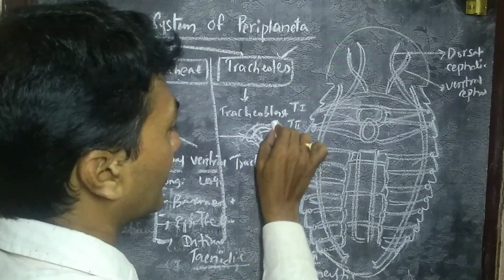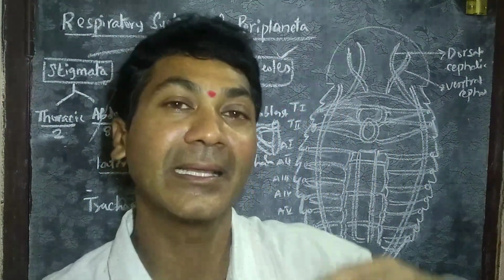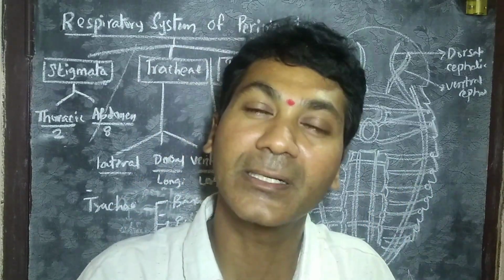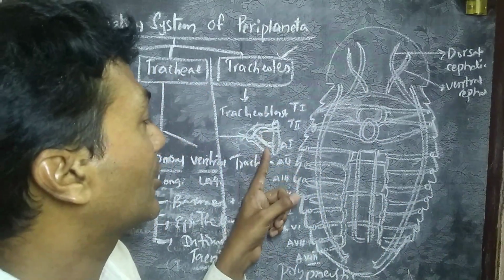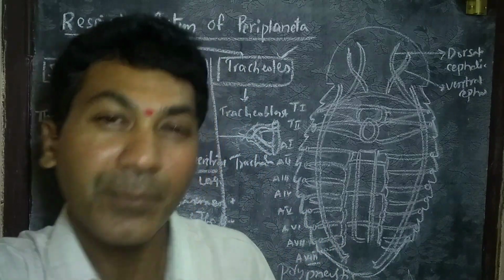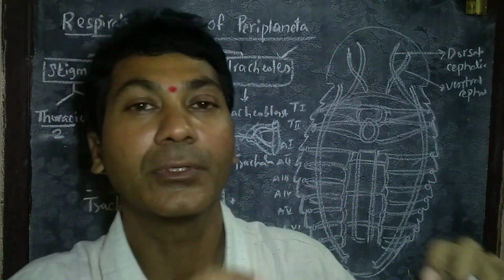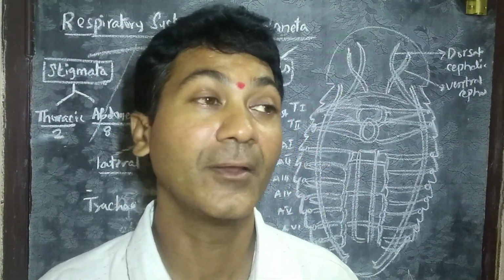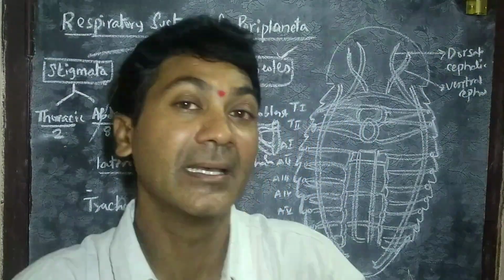The presence of tracheolar fluid depends upon the state of the body. If the cockroach is in an active state, what happens? The tracheolar fluid will disappear. That means the muscles absorb the entire tracheolar fluid, so that no tracheolar fluid is found in the tracheoles. When it is in a rest state, what happens?